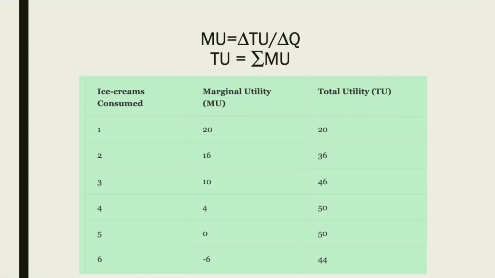So, the marginal utility of the second unit is the total utility of the second unit minus the total utility of the first unit, which is 36 minus 20, that is 16. The marginal utility of the third unit is the total utility of the third unit minus the total utility of the second unit, that is 46 minus 36, which is 10, and so on.